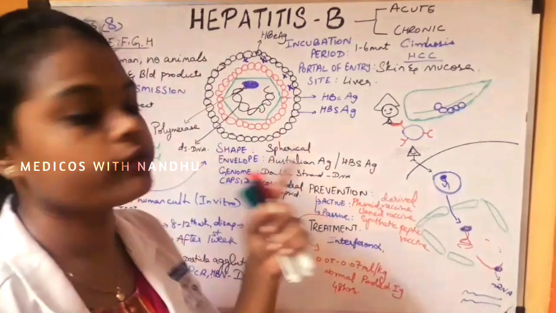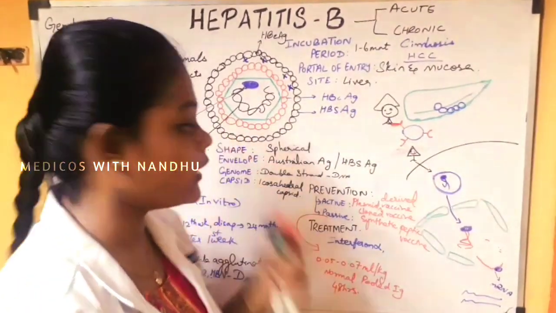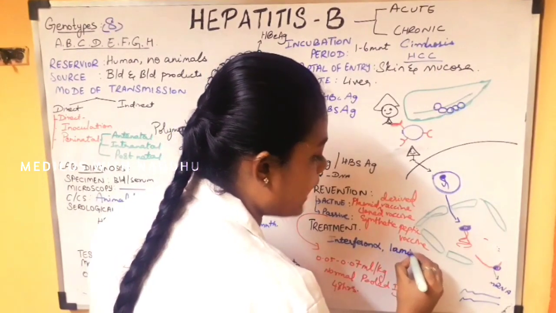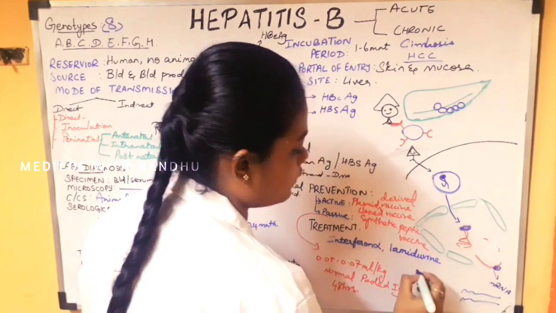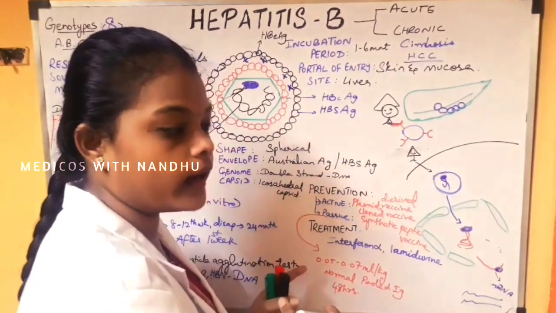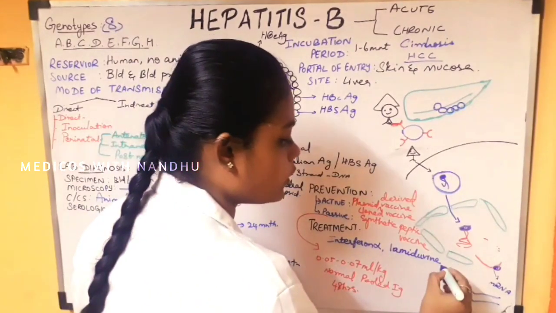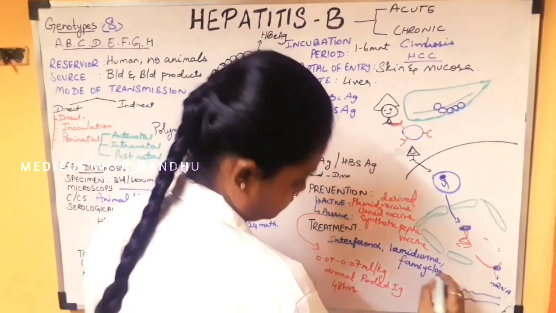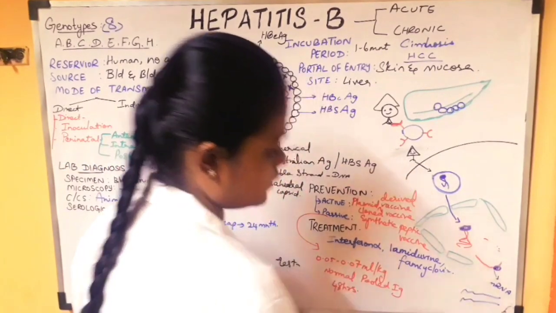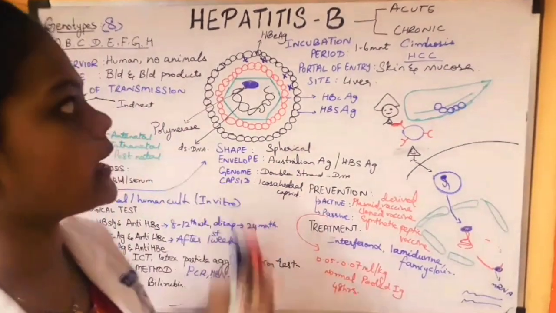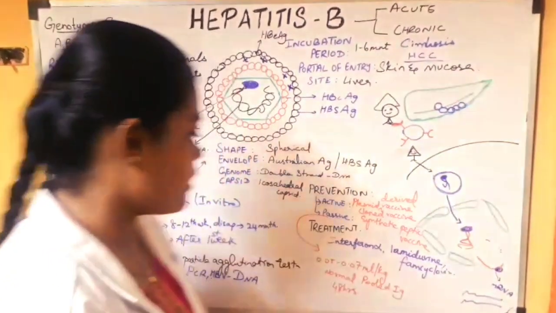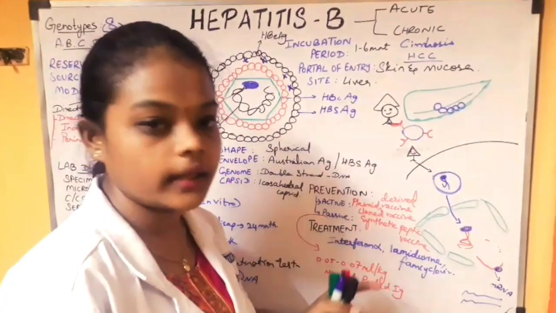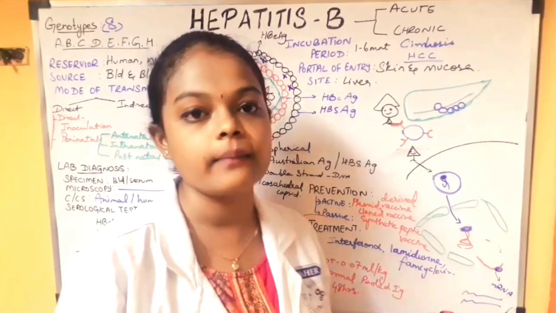In the acute stage we can give interferon alpha, and for chronic we can use lamivudine, interferon alpha plus lamivudine, and also famciclovir. Okay, so this is about the hepatitis. Treatment will be interferon alpha for acute hepatitis, and for chronic hepatitis we can give lamivudine and famciclovir.